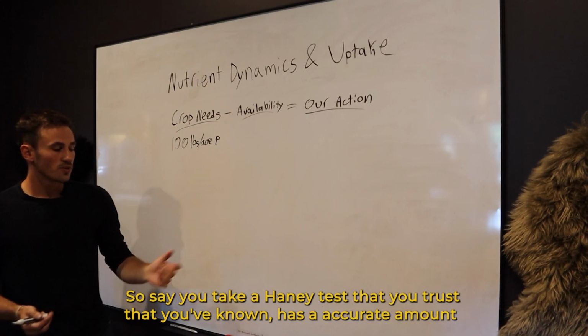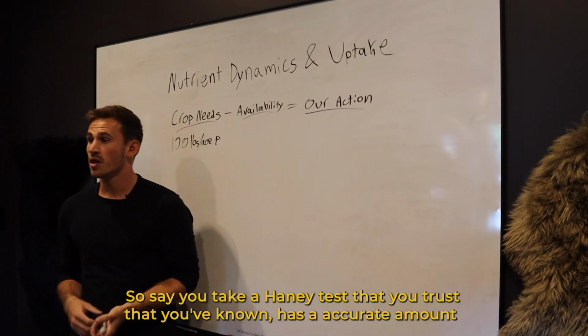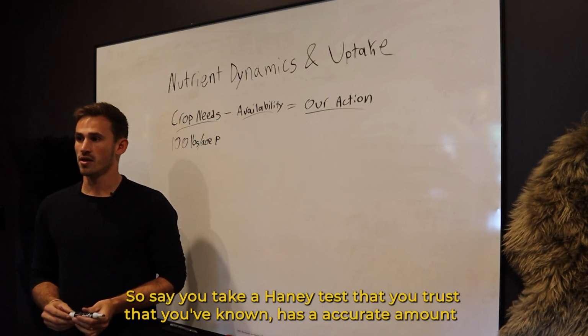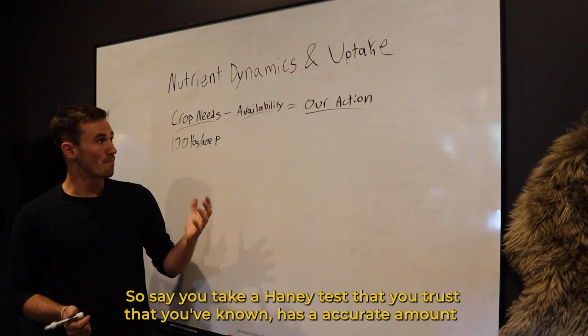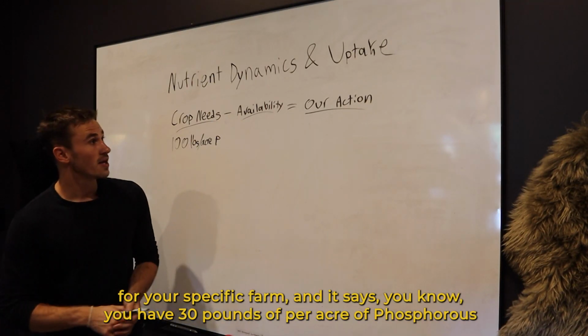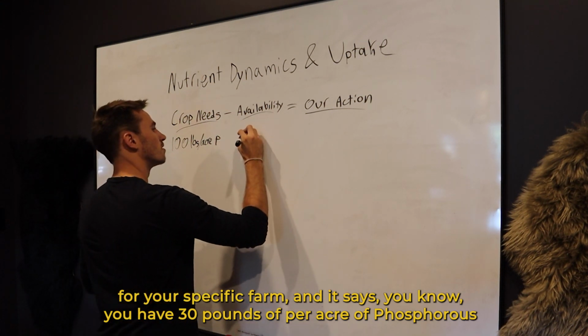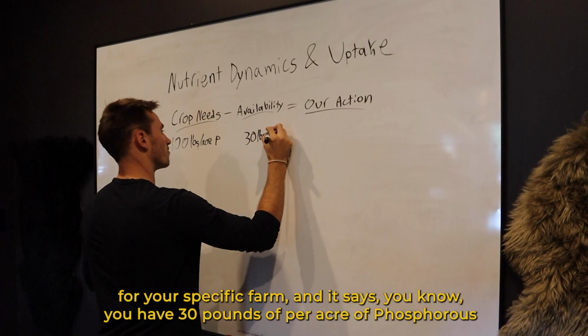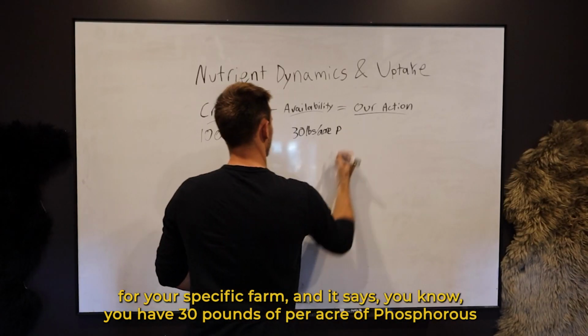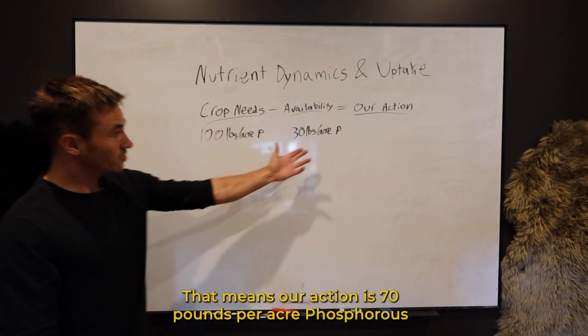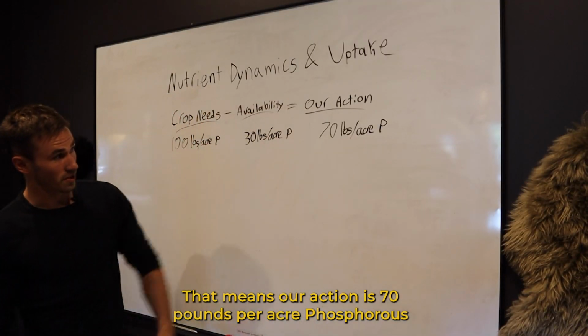So say you take a Haney test that you trust, that you've known has an accurate amount for your specific farm, and it says you have 30 pounds per acre of P, right? That means our action is 70 pounds per acre P, right?